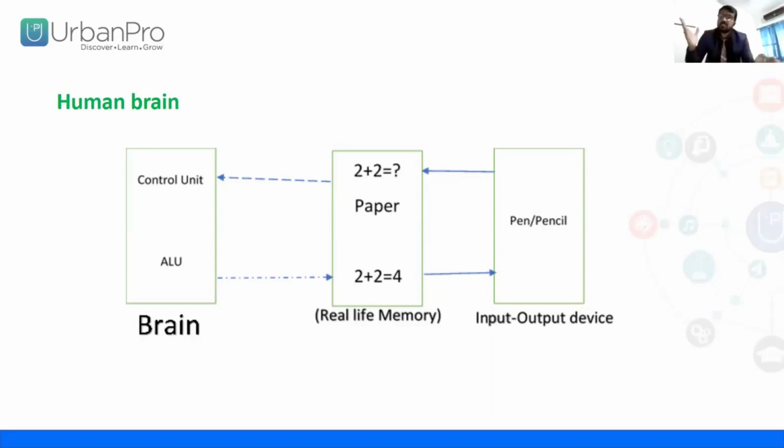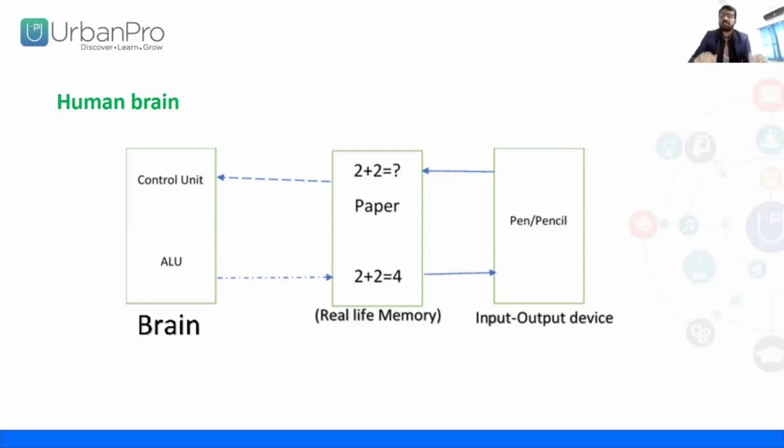You were busy executing some other instructions in real life. Next, your brain passes this 2 plus 2 equals what to the arithmetic logic unit, ALU. Your ALU calculates it and gives the result back: 2 plus 2 equals 4.